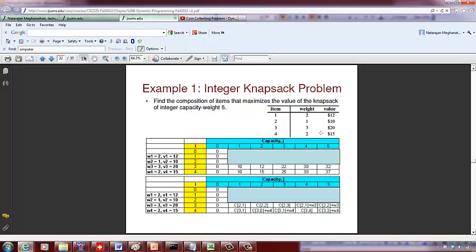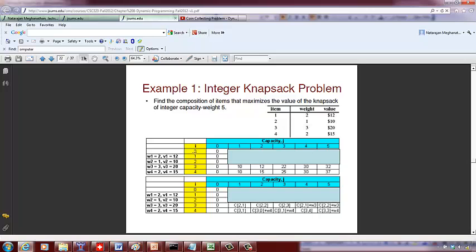So it's either 0 or 1. You pick an item or you do not pick an item. You do not break it like the other one which we did in the greedy strategy chapter, the fractional knapsack problem, right? So I have this table where I have listed the item weights and their values and the item numbers 0, 1, 2, 3, 4.